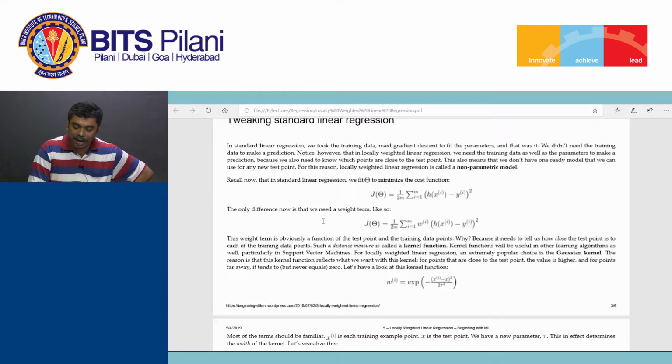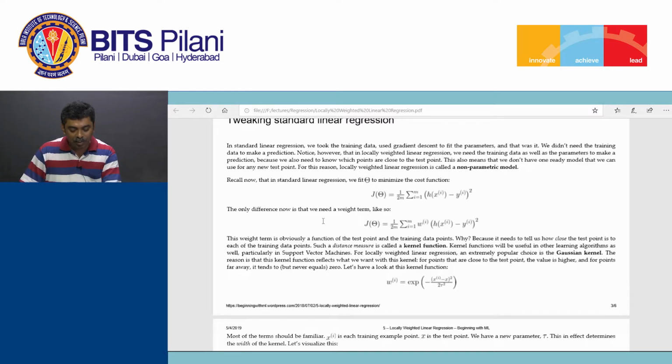And when xi minus x becomes large, which means the training point is not close enough to the local neighborhood, then because of the minus sign and the exponential decay, the weights become smaller. So based on the weights, we determine whether a data point is close enough to the prediction that we want to make. It's very simple, just a very clever kernel trick.